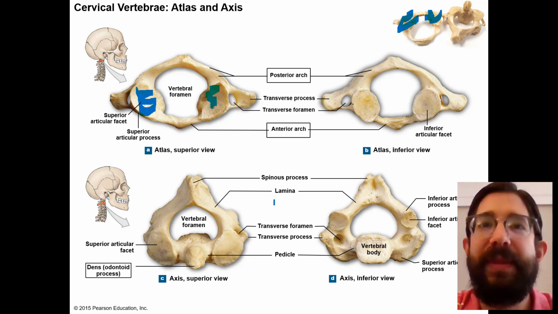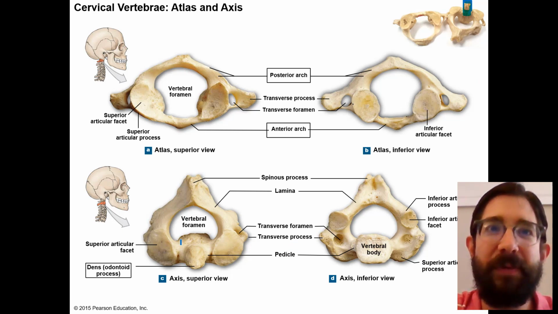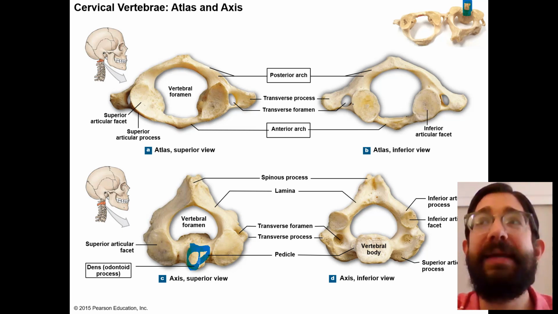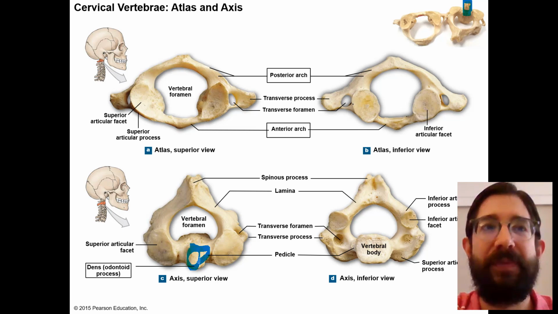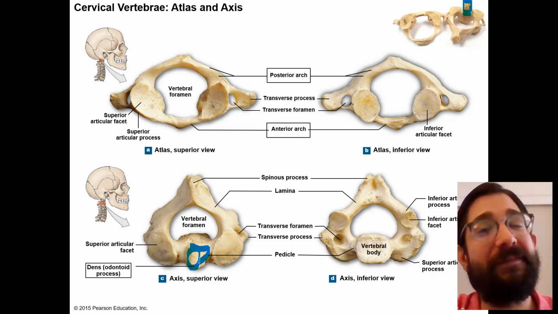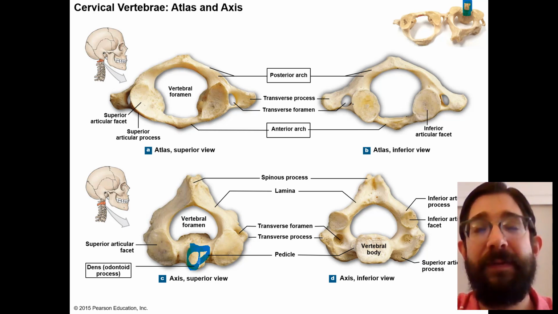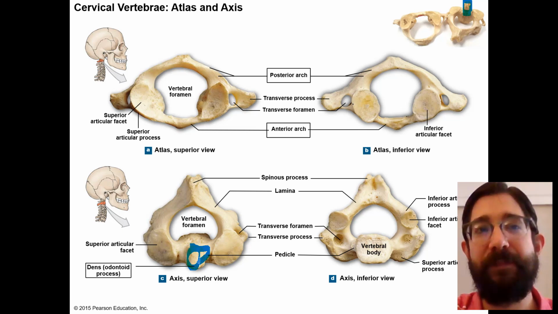That is atlas. Axis is a cervical vertebra that has this big chunk of bone sticking out the top. It's called the dens. And think of dens meaning tooth, like dental or dentist. Or, if you want to get fancy, the other name is odontoid process. Oid, O-I-D, means shaped like.